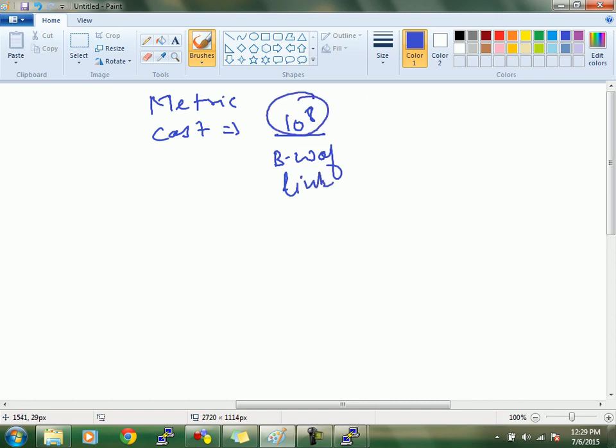What is this 10 to the power 8? 10 to the power 8 is called the reference bandwidth. That I am calculating my cost in reference to this bandwidth.